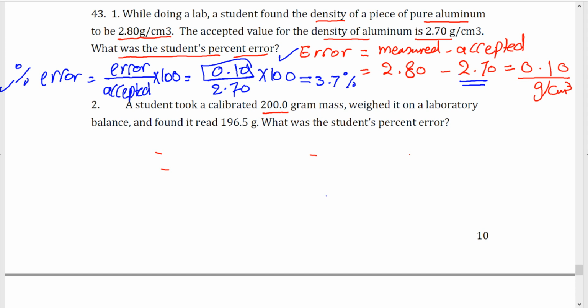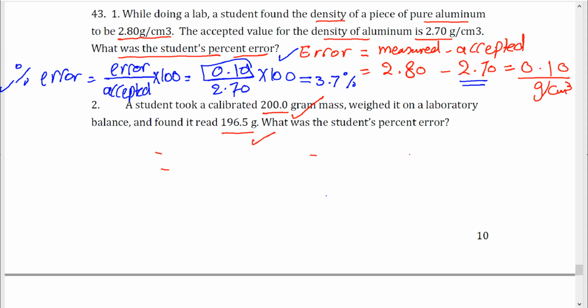In this question, a student took a calibrated 200 gram mass, weighed it on a laboratory balance, and found it reads 196.5 gram. What was the student's percent error? It's clear here that this value is the correct value or the accepted one, and this is the measured one.